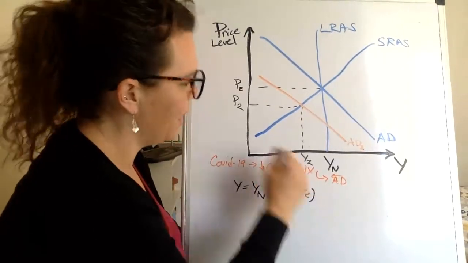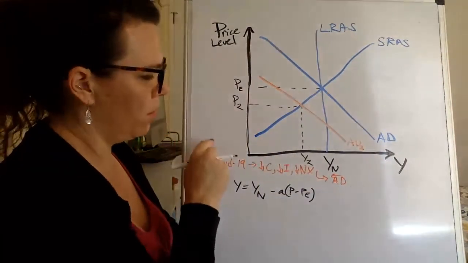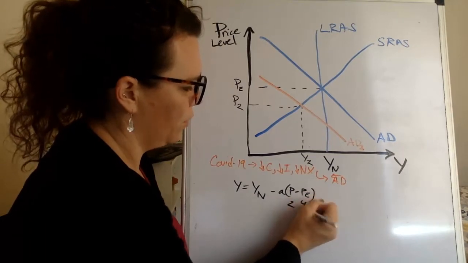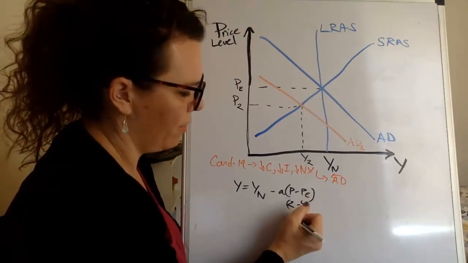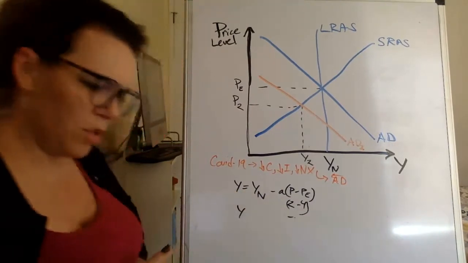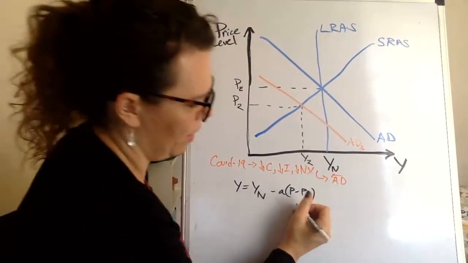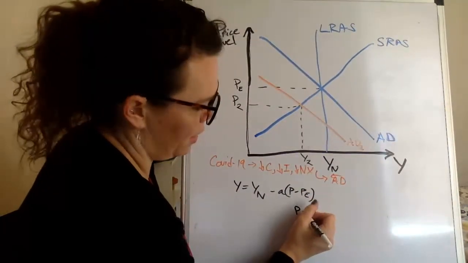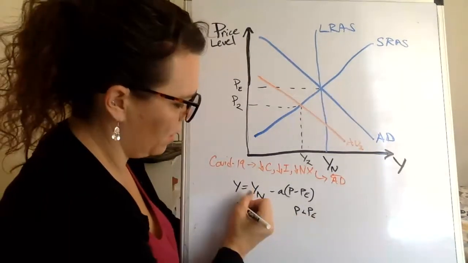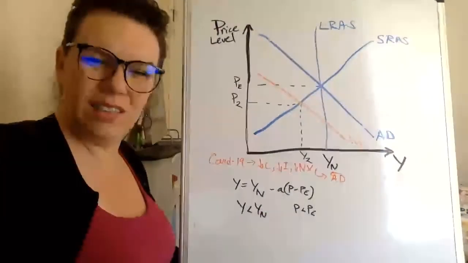Say P minus PE is 2 minus 4, then we have some negative value here. If P is less than PE, then we expect Y to also be less than YN. Does that kind of make sense?